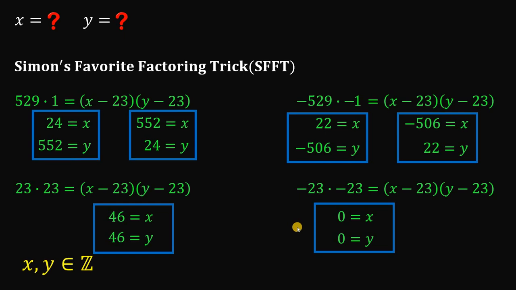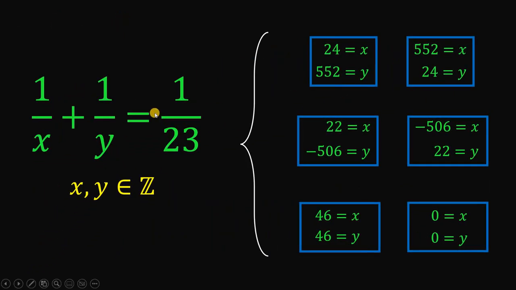Now, going back to our equation, we have 1 over x plus 1 over y equals 1 over 23. And if x is 24, then y must be 552. You can check that 1 over 24 plus 1 over 552 must be equal to 1 over 23. You can check this one. And the rest is okay. But the last one, where x equals 0 and y equals 0, is not possible because x and y are in the denominator, and x and y cannot be equal to 0.